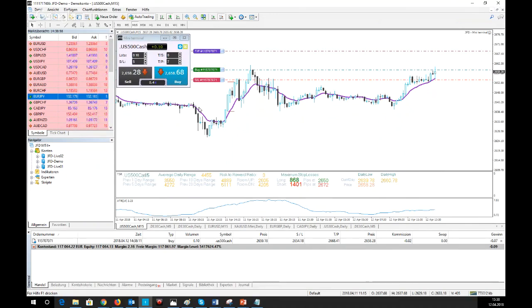The mini terminal in this case here for active traders can solve this problem in a very nice way, let's say. So you can enter the market very quickly. You can predefine the stop levels, the take profit levels. You can then also move the take profit level in this case here.